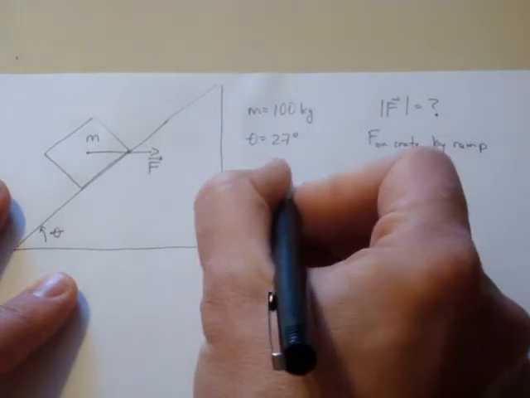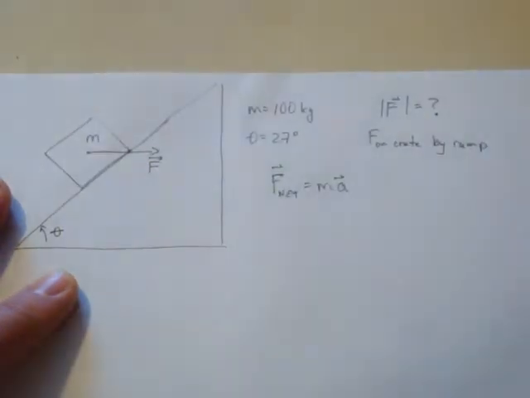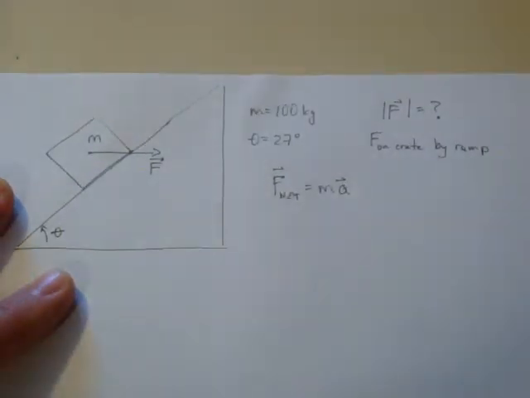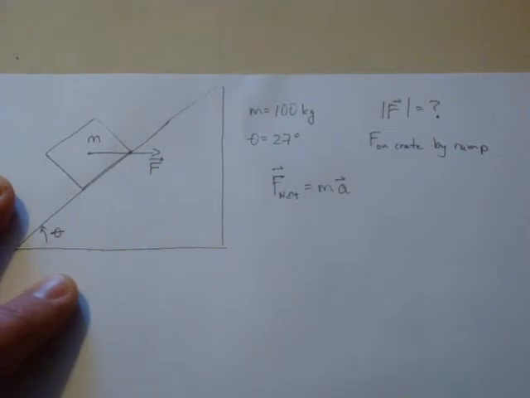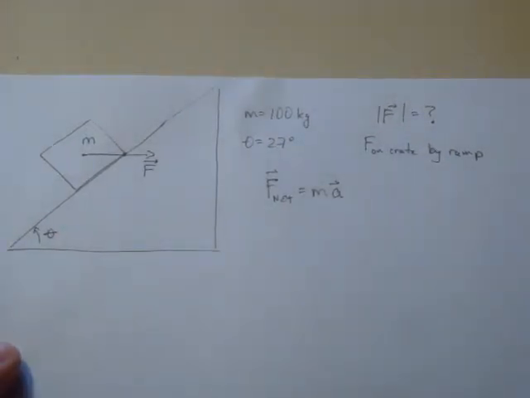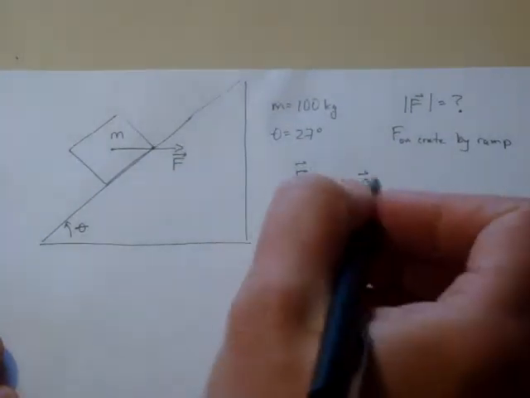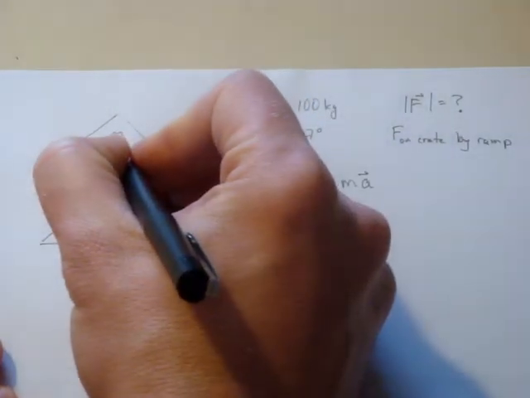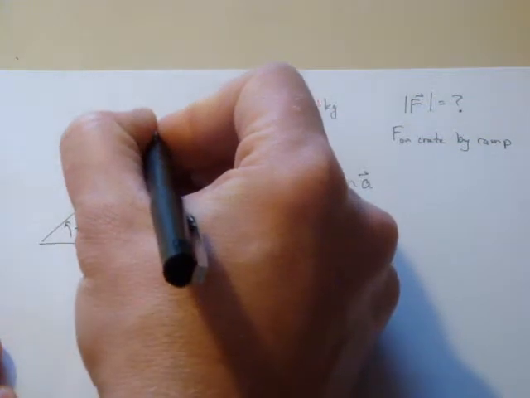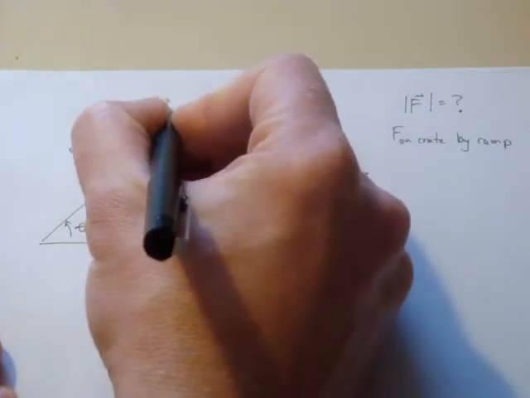And I should be a little more, sorry, I forgot to mention something about the problem. What it says is that the crate is sliding up at a constant speed. And that is probably more than anything else the big hint to us that we should be using Newton's second law. Because if it's at constant speed, there's actually a velocity here. This is some constant speed that it's moving up.